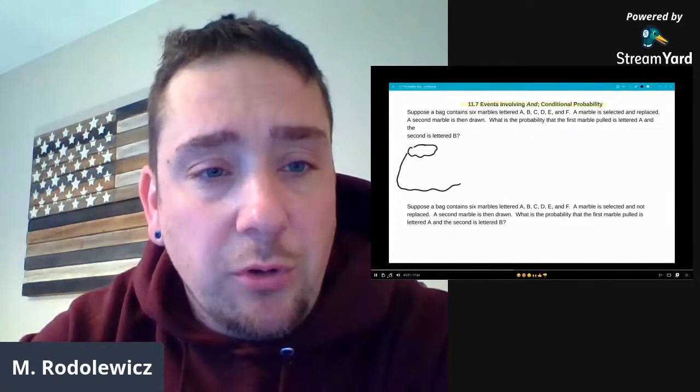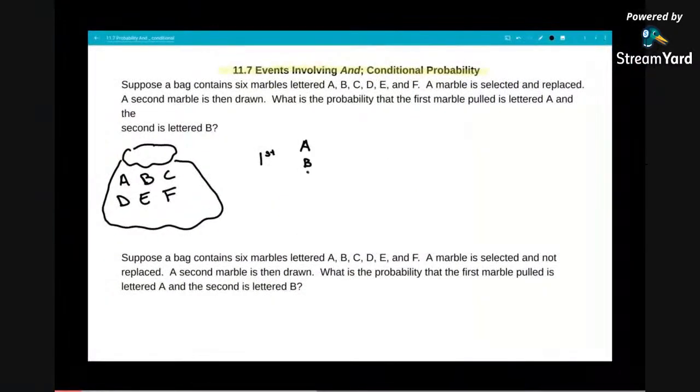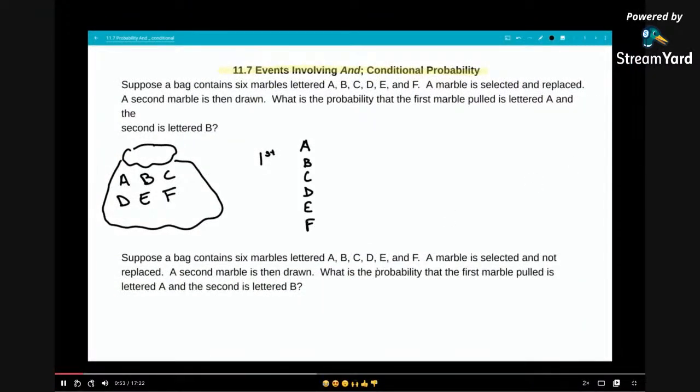So what I've done here is first give myself a little visual of what it is we're doing. So here's our marbles in a bag. We're going to draw one out, put one back in. I'm actually going to create the sample space again because it's my first time dealing with the probability with the word and.